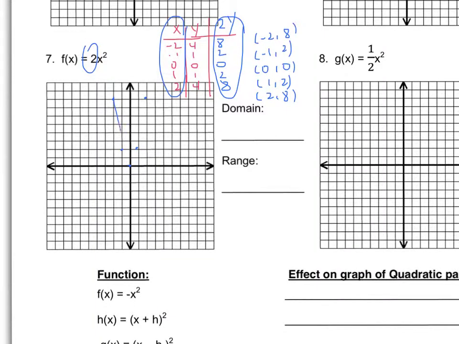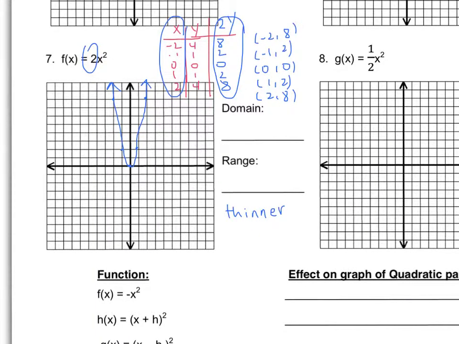So this is going to be my new graph. As you can see, if you try to draw it on the calculator and compare the y1, which is the x squared, and the y2, which is the 2x squared, you're going to see that this one is going to be thinner than my parent function.